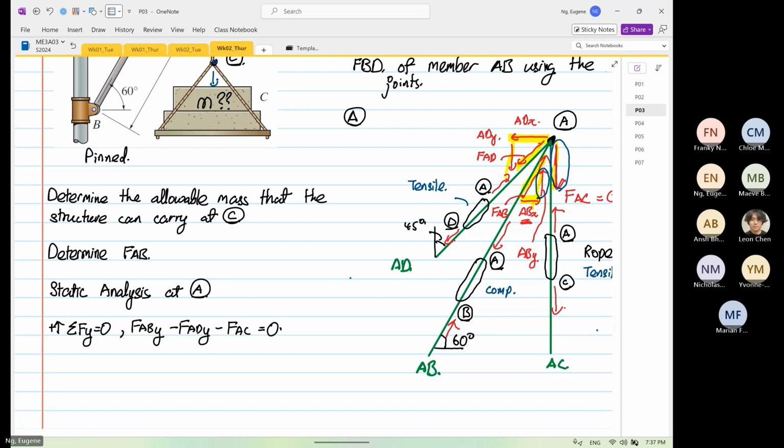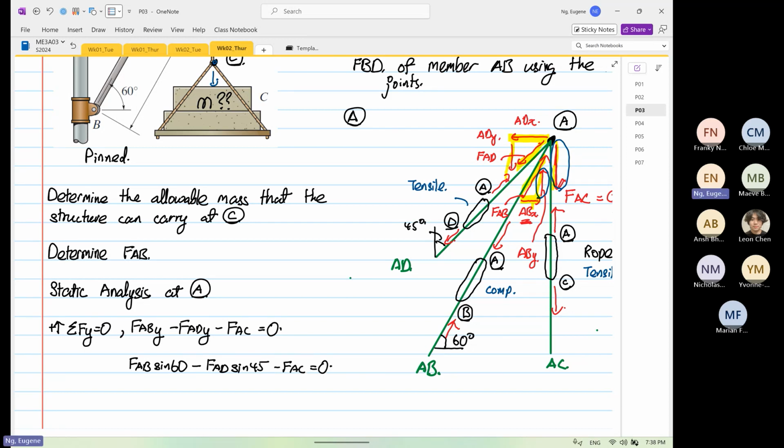So we can rewrite them as FAB sine 60 minus FAD sine 45 minus FAC is equal to 0.